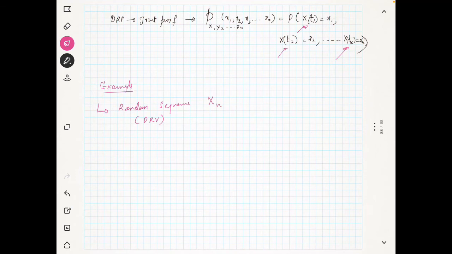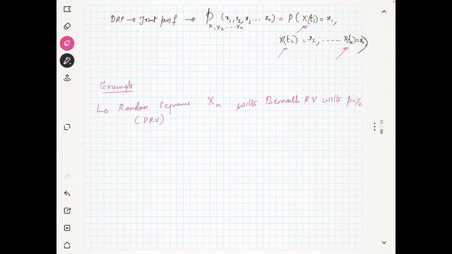Let's say there is a random sequence xn, which is a Bernoulli random variable with probability half. What is a Bernoulli random variable? That means you have only two outcomes, either yes or no, or head or tail, for example 1 or 0.